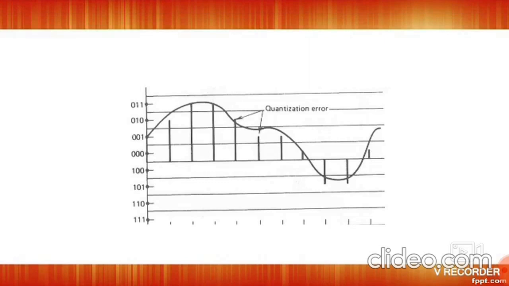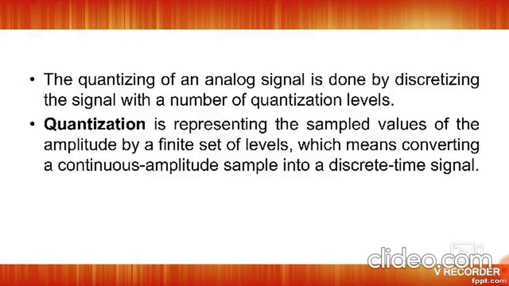Let us have one analog signal like this. Both its time and amplitude are considered as discretized values, and that is called quantization. While rounding the amplitude of the analog signal, some error occurs because of rounding, and this is called quantization error.